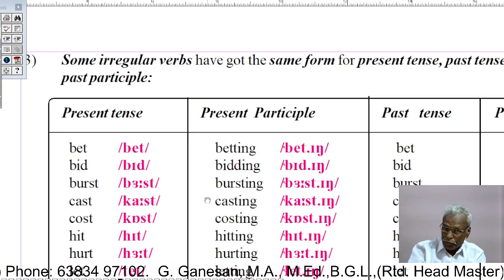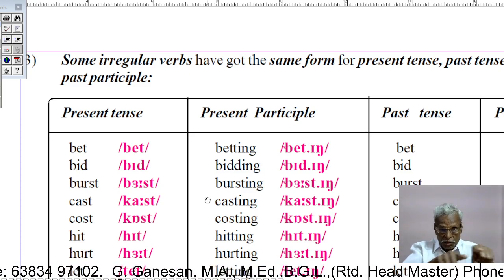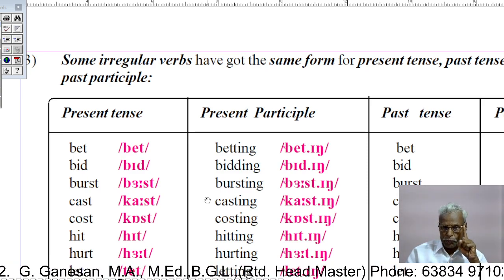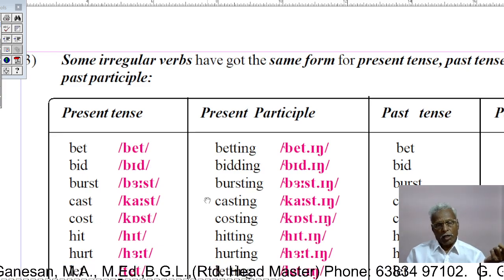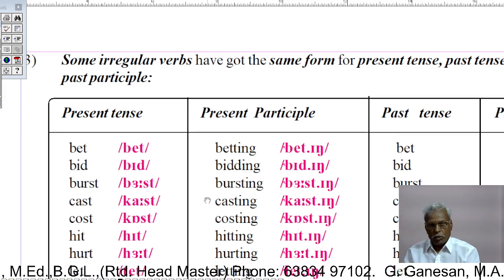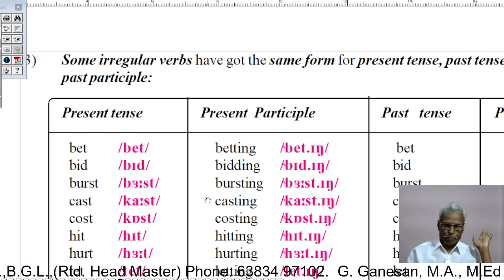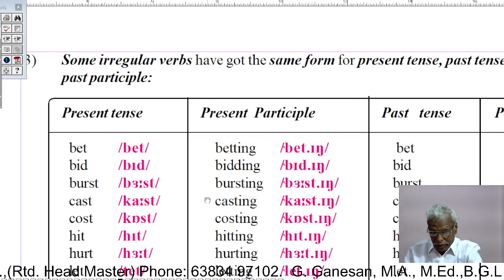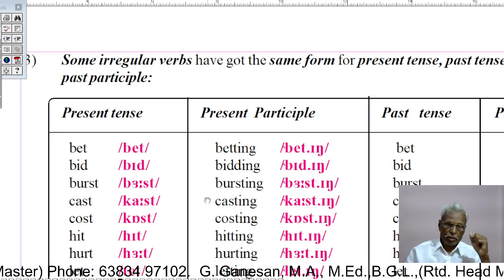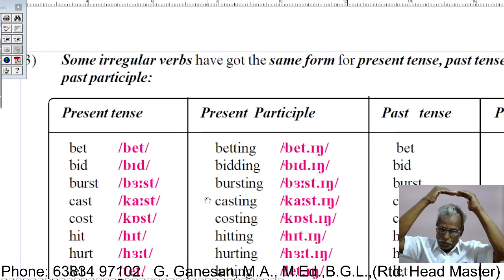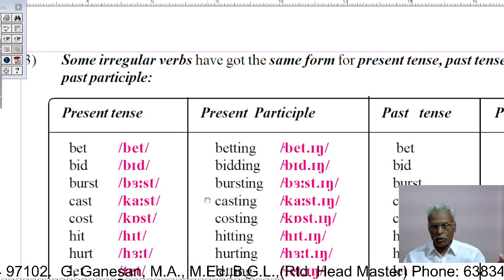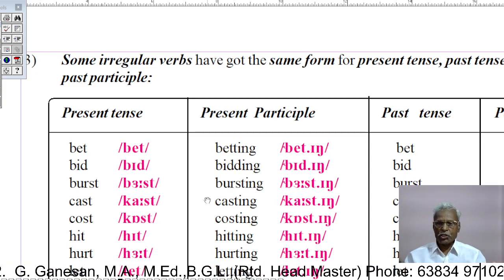In the second type, irregular verbs have one form of spelling for present tense and one form of spelling for past tense and past participle. In the third type of irregular verbs, the verb has the same form for all three tenses: present tense, past tense, and past participle.